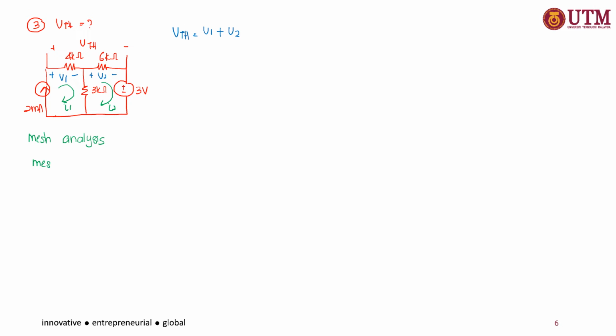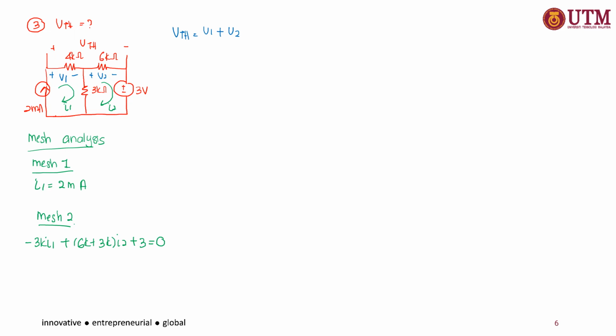At mesh 1, since we have a current source here and this mesh is isolated, our I1 is equal to 2 milliampere. Then we find our mesh 2 equation. We will get negative 3k I1 plus (6k plus 3k) I2 plus 3 equal to 0.